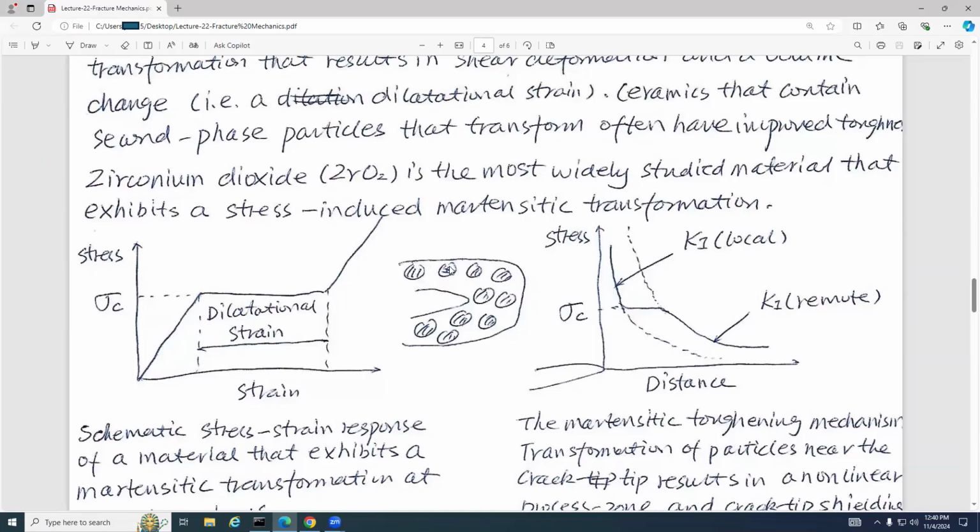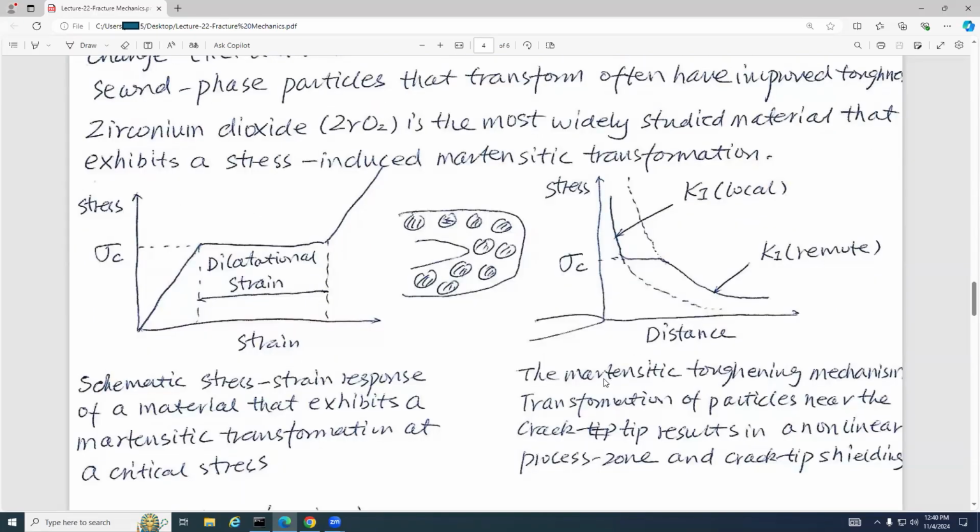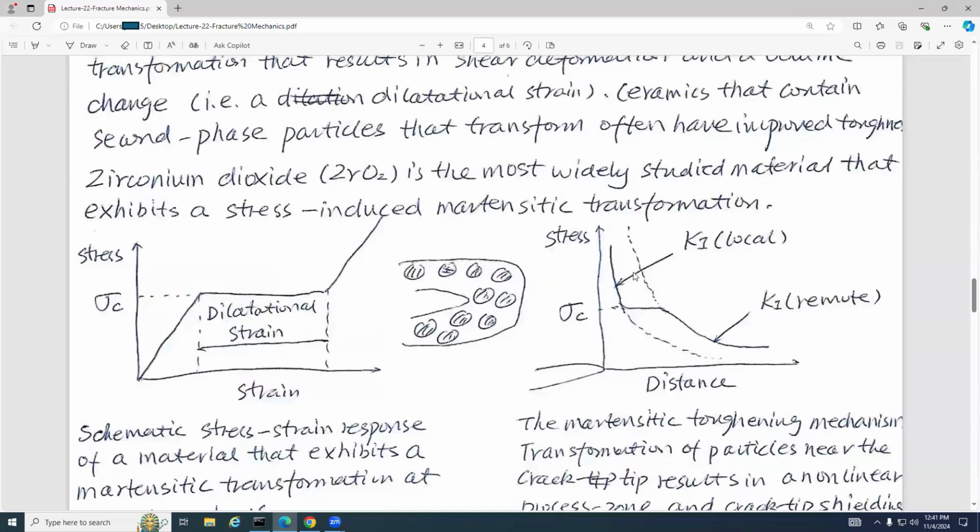Here are second phase particles around this crack tip. In this martensitic toughening mechanism, transformation of particles near the crack tip results in a nonlinear elastic zone at the crack tip, the shielding. So this is removed, right?